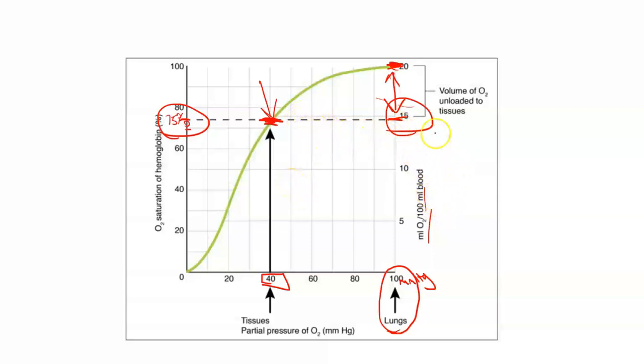Now, you're going to see, though, the affinity decreases as you get further down in the partial pressures. The steeper the gradient, the more the affinity decreases. So here, there's actually still a pretty high affinity for oxygen, right? Because this is a pretty flat part of the curve, which basically means I can get, for example, to a place where there's maybe only 70 millimeters of mercury partial pressure of oxygen.